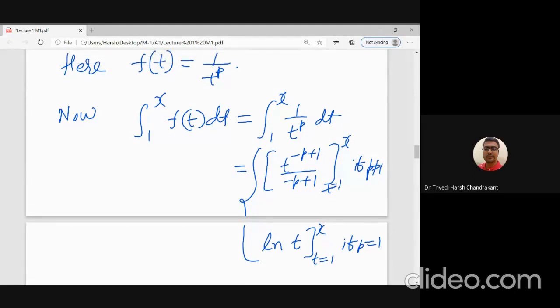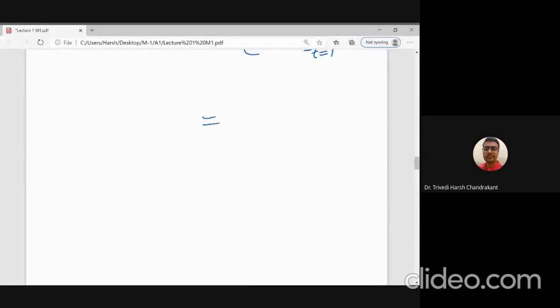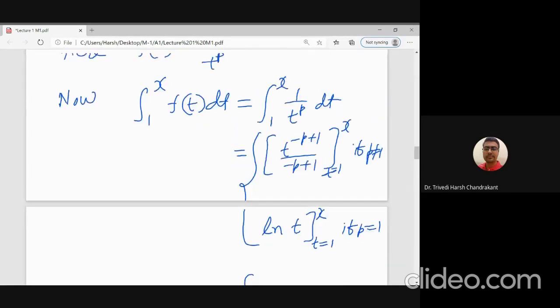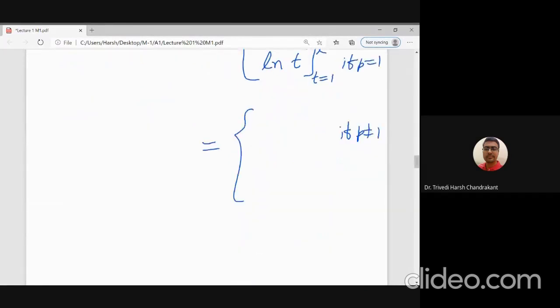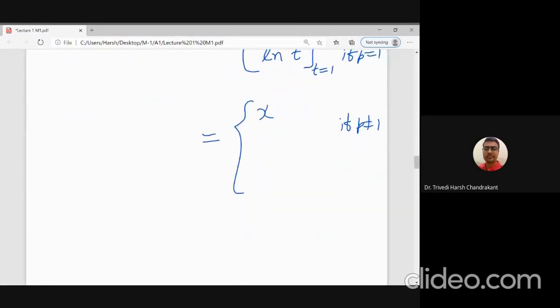So if we substitute the limits, then the integral in the case of p not equal to 1 will become x power minus p plus 1 minus 1, divided by 1 minus p.